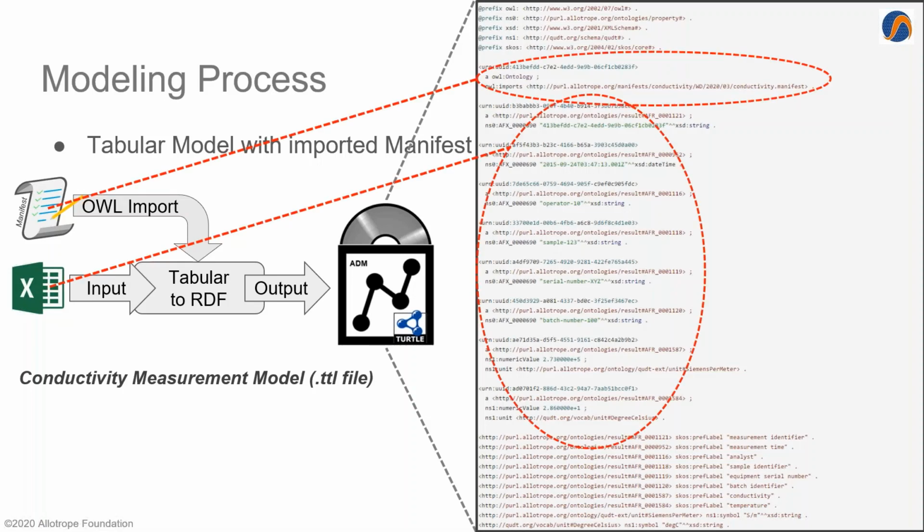And if we take a closer look, we see the import here, the import of the conductivity manifest. And we see that each line of the Excel spreadsheet has a triple in the Turtle format.